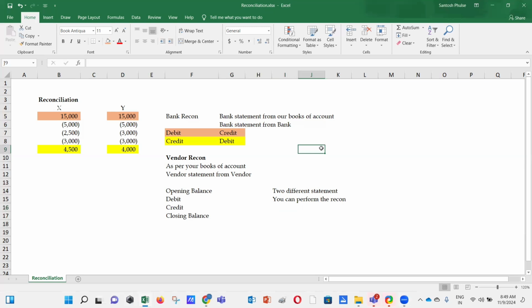Here also two details are going to be required. One, how that prepaid expense balance is accumulated in your balance sheet.